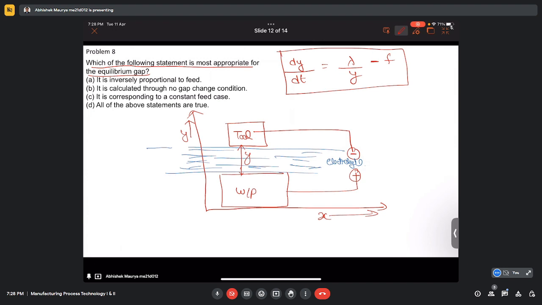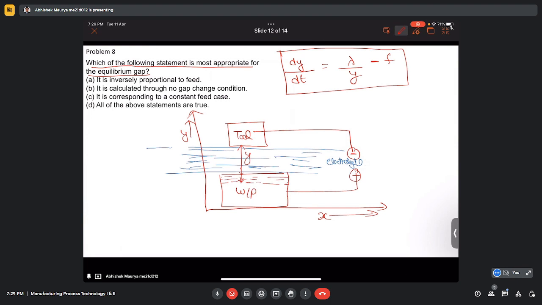Already I have shown you, when we are not giving any feed to the workpiece, then what was happening? The material was getting removed slowly, slowly, slowly, and this gap was increasing as time was passing.